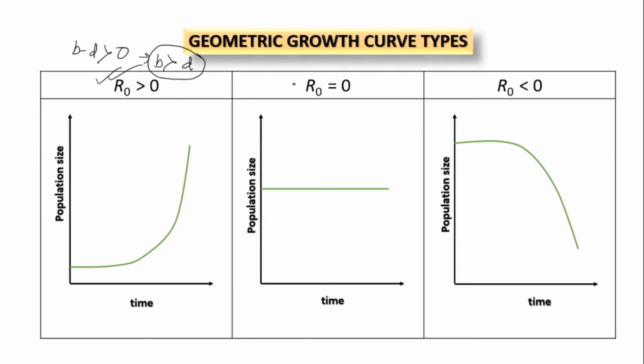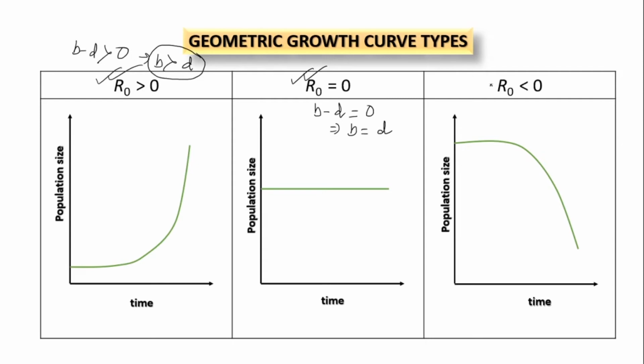And if R equals 0, that means here B minus D equals 0, that means the birth rate is equal to the death rate. Here the population will show neither addition nor deletion of individuals from the population.